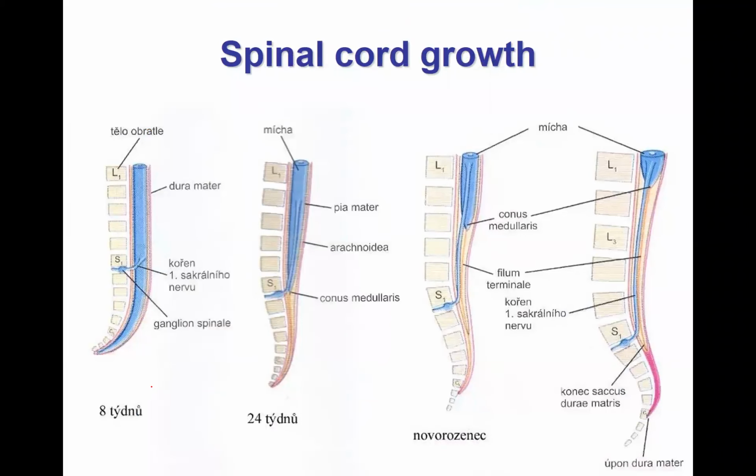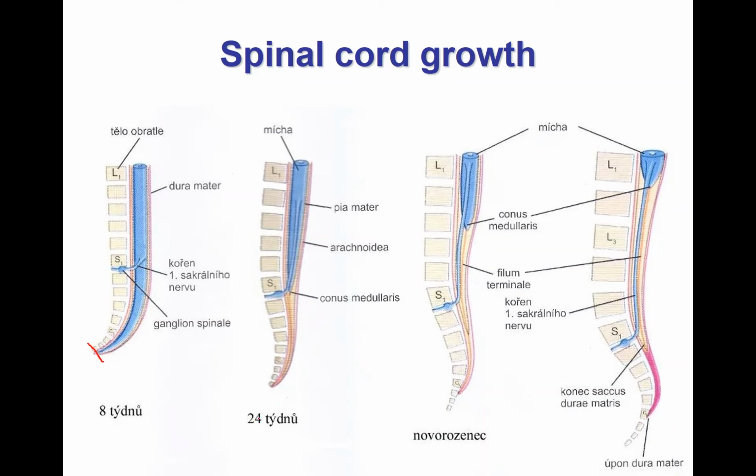Here, this slide shows you that spinal cord grows more slowly than vertebral column. Here in an early fetus, what you can see is that the spinal cord reaches as far as the caudal end of vertebral column.